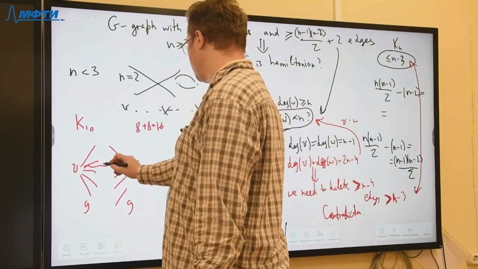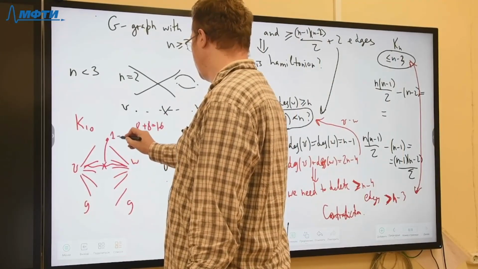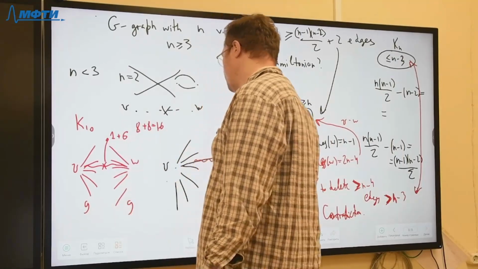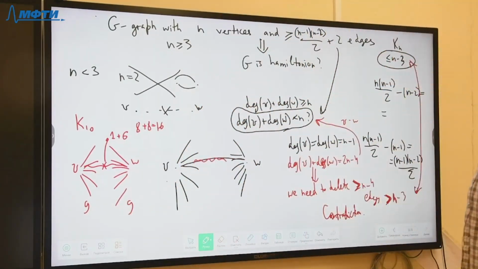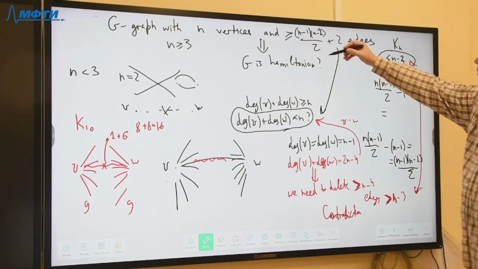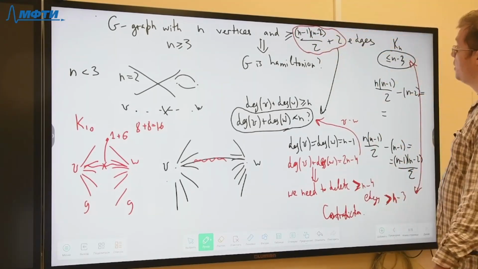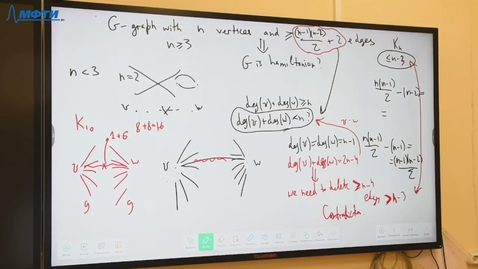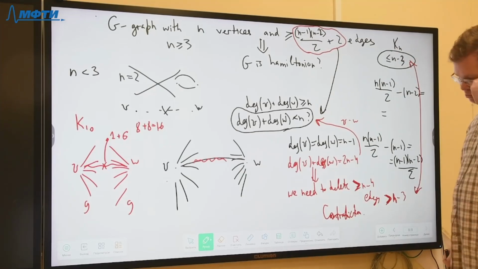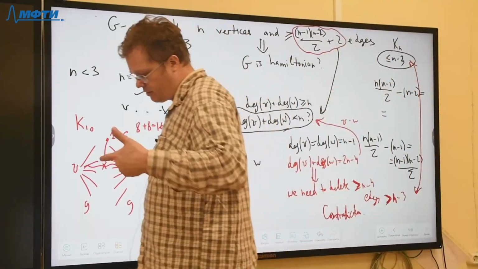So we need to cut off this one plus 6 more edges. So we need to cut off more than 7 edges, but we already have not more than 7 edges. So this is a contradiction, which proves that this graph is Hamiltonian. So we find the estimate number of edges. So we find the minimal number of edges to be guaranteed that the graph is Hamiltonian.